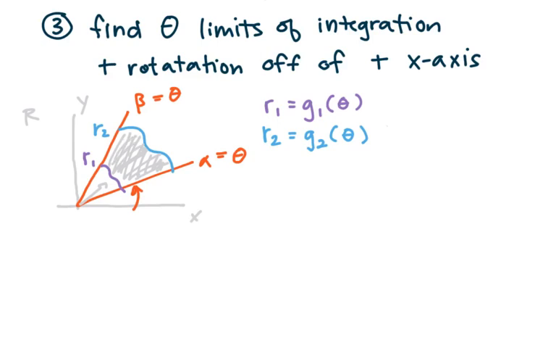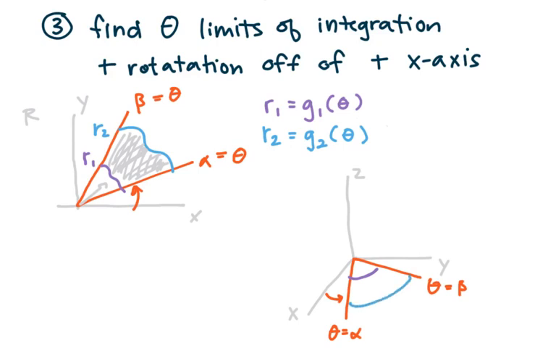And so what we're looking at when we think about evaluating this, we think about that in 3-space. I've got my x, my y, and my z. So that same angle, we rotate out positively off the x-axis towards y. So there's my theta equals alpha, continuing around. Maybe I would have some theta equal to beta. My region is bounded by these two functions here.